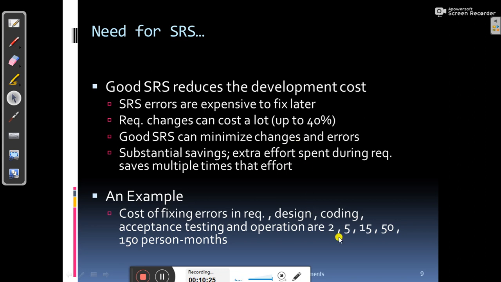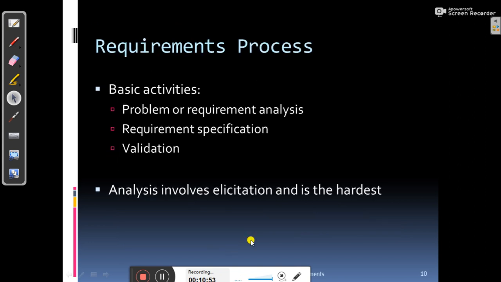So you can see every stage increases the effort. If you do not provide a high quality SRS, the cost of fixing errors will increase at every step of the development process.